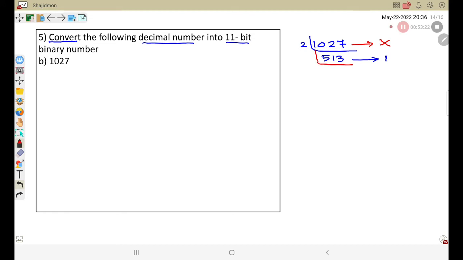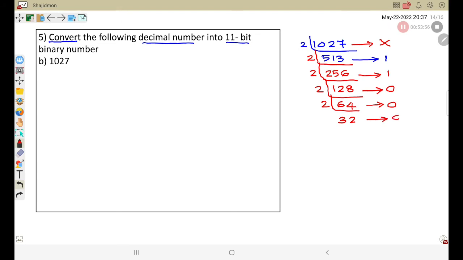Now 513 divided 2. What is 513 divided 2? 256.5. Correct? 0.5 means remainder is 1. Again divide by 2, 128, no remainder because 0. Again 128 divided by 2, 64. Okay, remainder is 0. Again 64 divided 2, 32 from the calculator, that means remainder is 0.